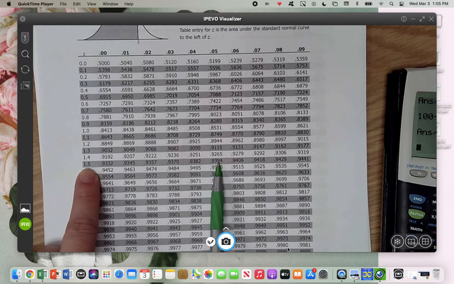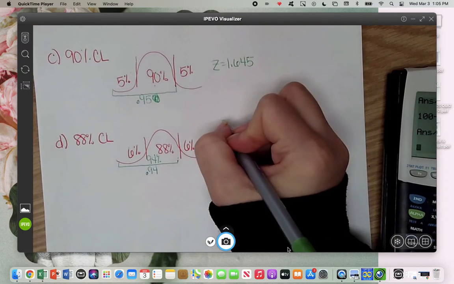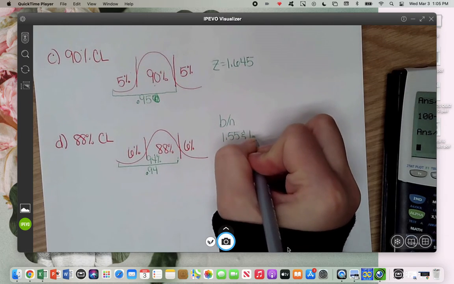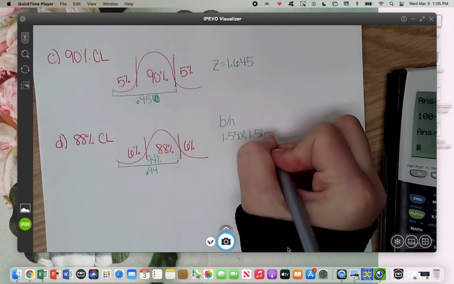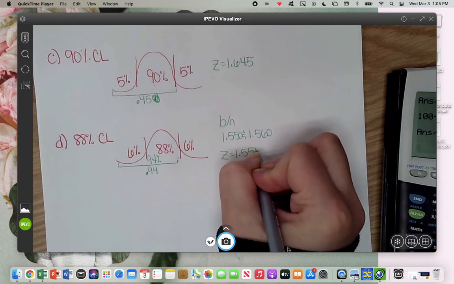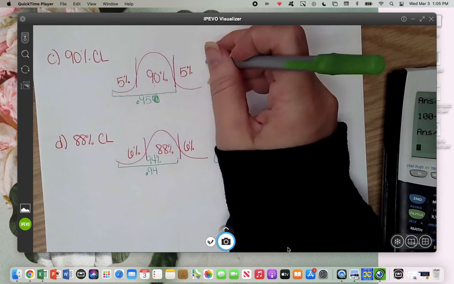So 1.55, 1.56. So it's between 1.55 and 1.56, which, what's in between 50 and 60? 1.555. There we go. We've got our z-scores.